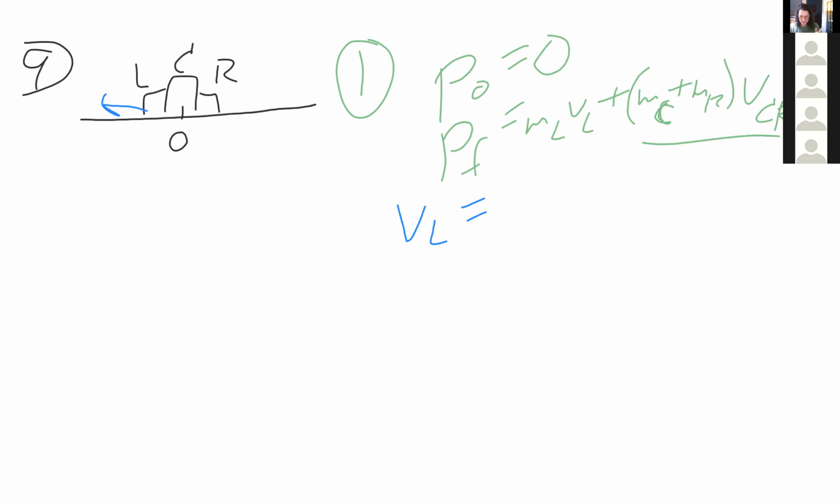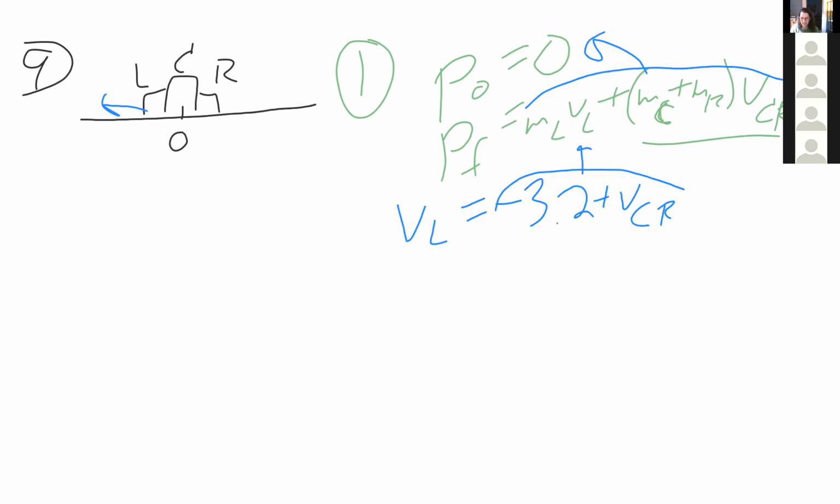That means that that is a negative 3.2. And then just as we've done before, since we're given this speed relative to C and R, we have to do plus the velocity of CR. Once you have this, you can plug it in here. You set this whole thing equal to 0, and you will solve for v sub CR.